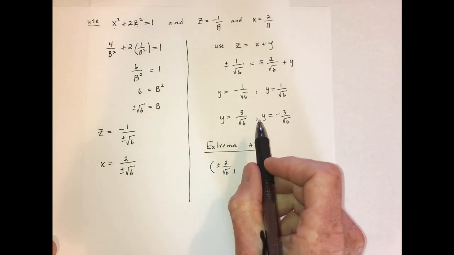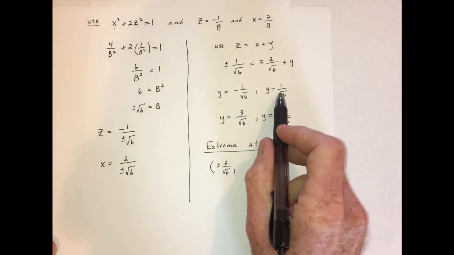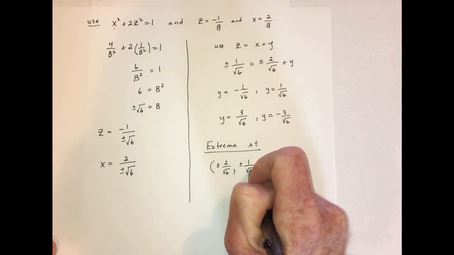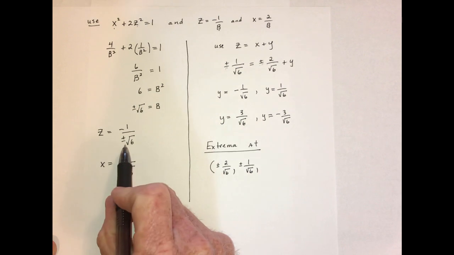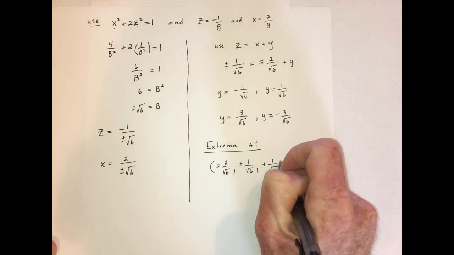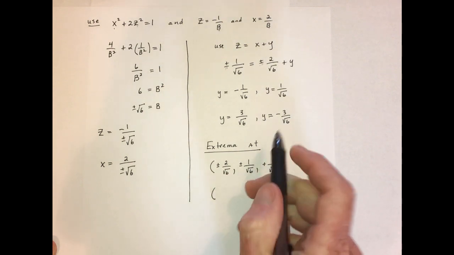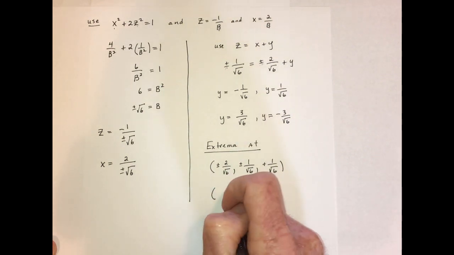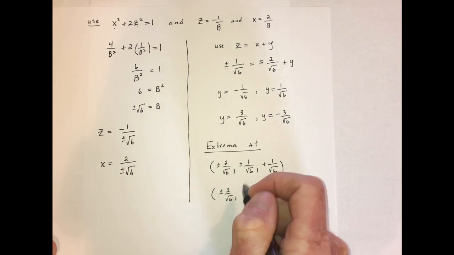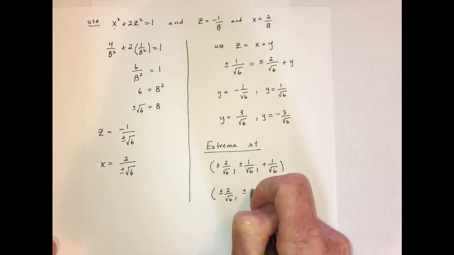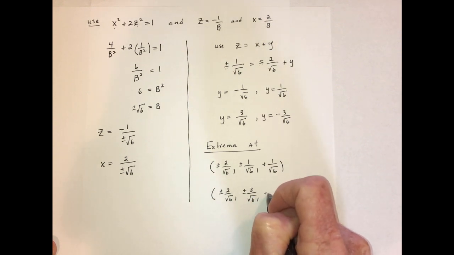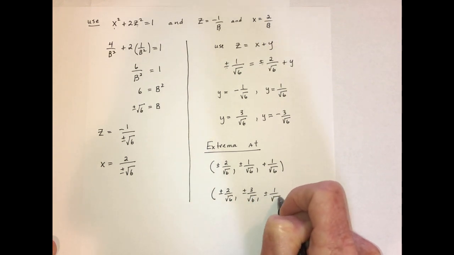And y, we're going to have to do two possibilities, that it's this possibility, so plus or minus 1 over the square root of 6. And z has these two possibilities. And then the other is when it's plus or minus the square root of 3. And then z plus or minus 1 over the square root of 6.